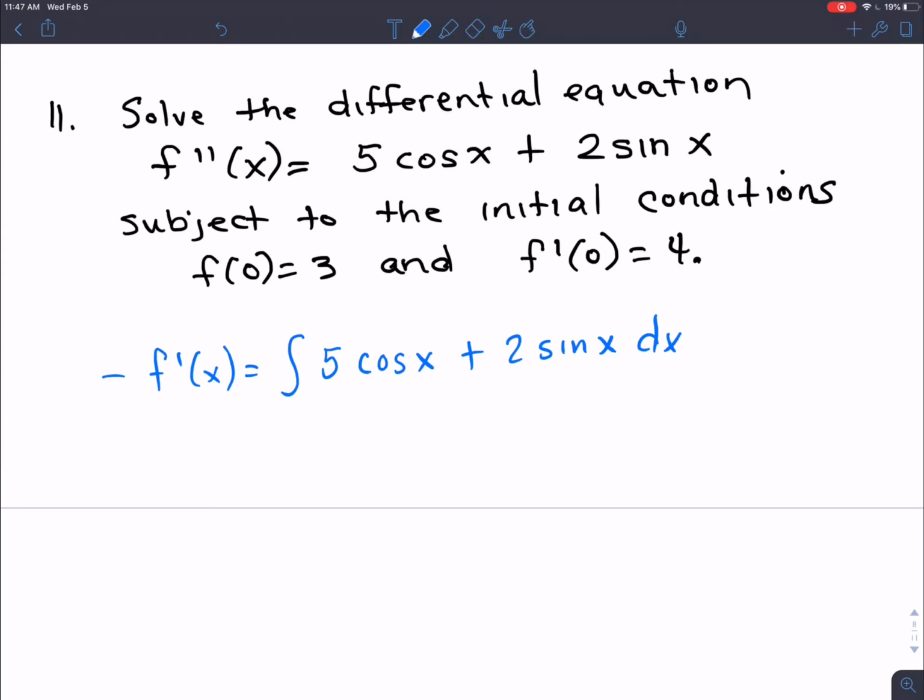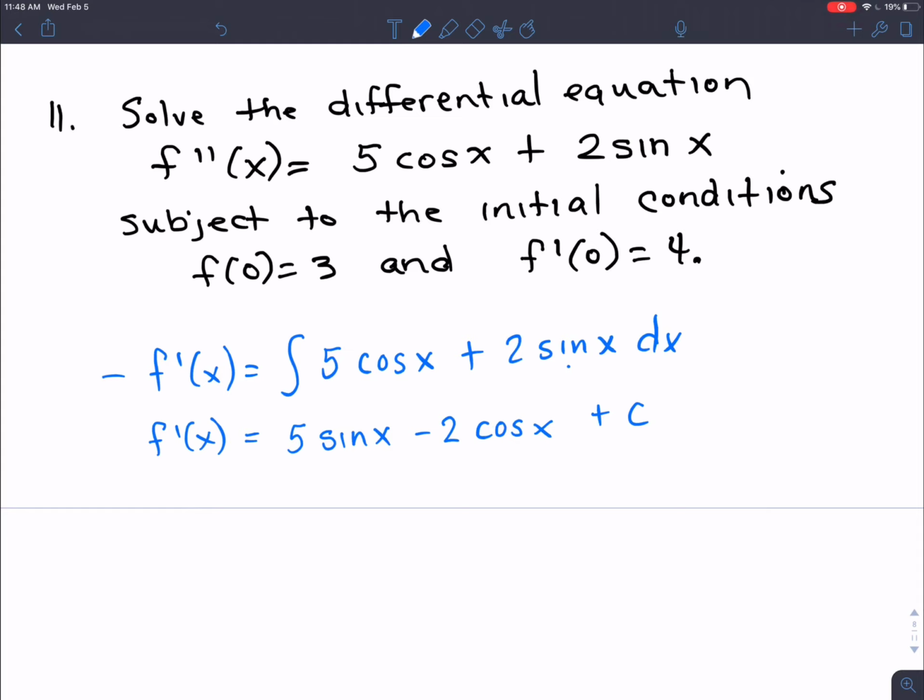And then here, you could pull the 5 out front, and the integral of cosine is sine of x. You can pull the 2 out front, but the antiderivative of sine of x is negative cosine of x. And then remember, we always have plus a constant. So this is our first derivative.